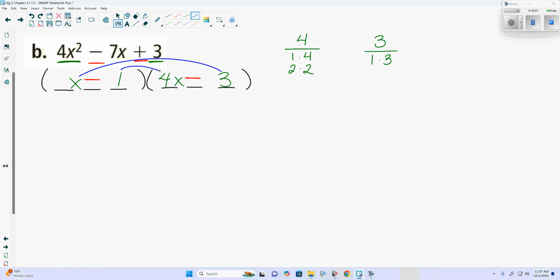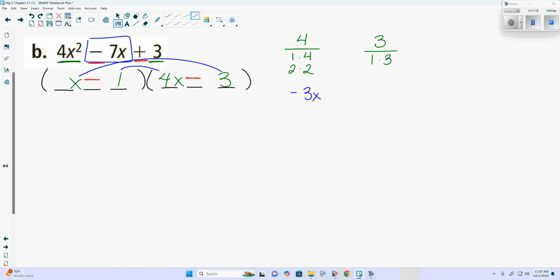We don't focus too much on the x times 4x because that will always give me 4x squared, our first term. The negative 1 times negative 3 will get us back to positive 3. Those line up. We need to check and make sure that this middle term is negative 7x. Now our x times negative 3 is negative 3x.